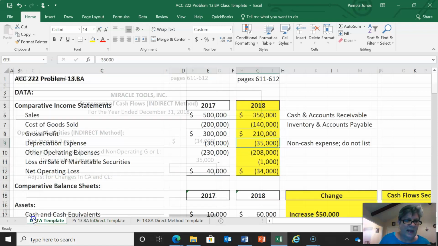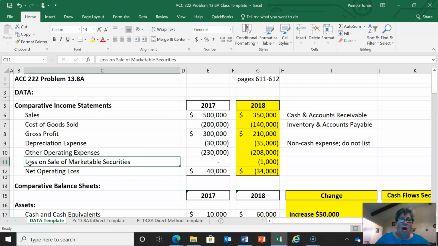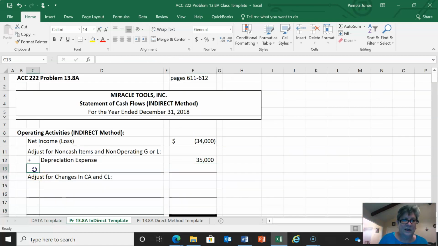So again, let's look back at our income statement. And we had a loss on the sale of marketable securities. Now, when we buy those marketable securities, that is an investing activity. So when we sell them, the loss on the sale of those is also an investing activity. So we need to add back that loss on the sale of those marketable securities.